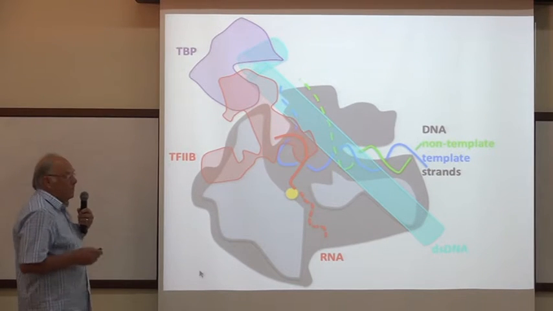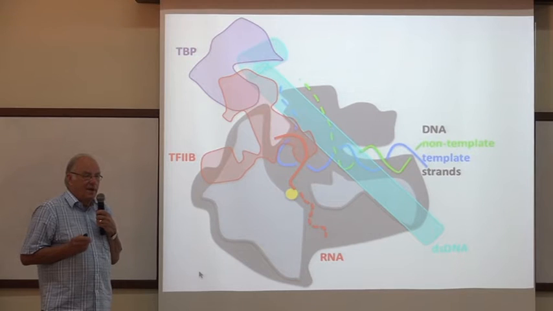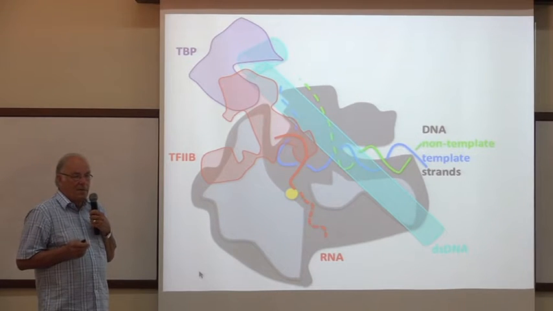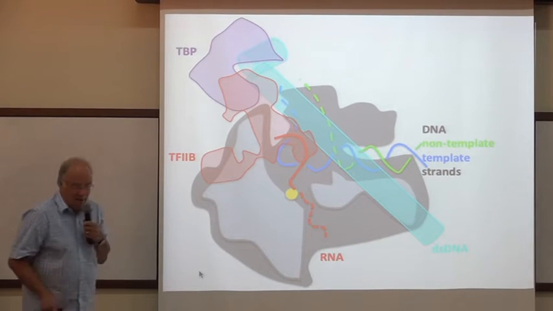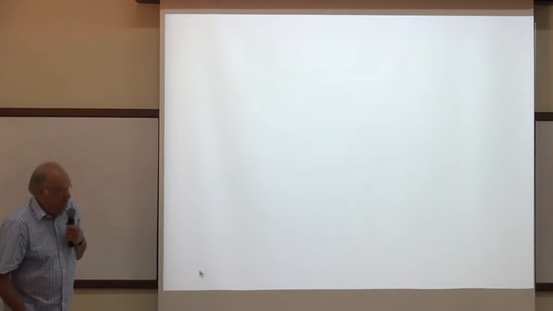Okay, so the TATA box binding protein and transcription factor IIB are two very essential ingredients in forming the correct structure here.